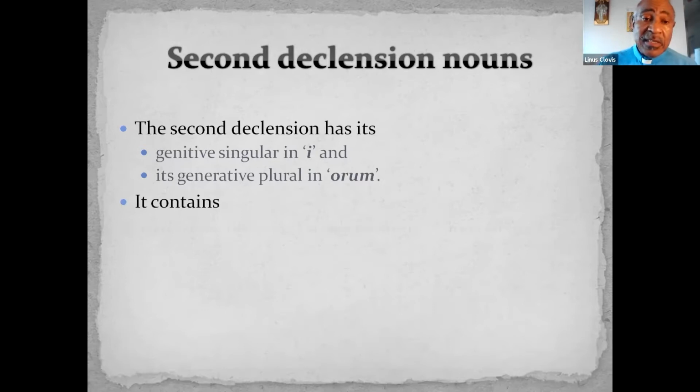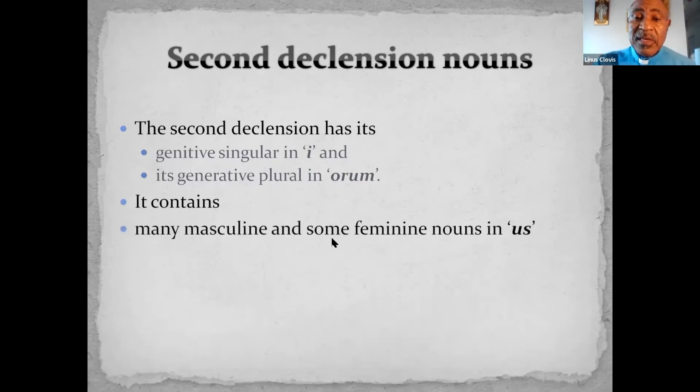So it contains many masculine and some feminine nouns in US. We're going to recognize the second declension by the fact that the nominative case ends in US. It also has some neuter nouns, and they end in UM. So when you see a noun in the nominative case, when it's performing the role of being a subject in a sentence, it's either US or UM.